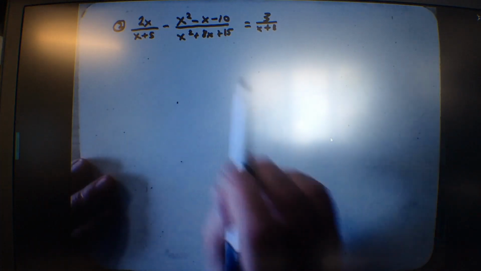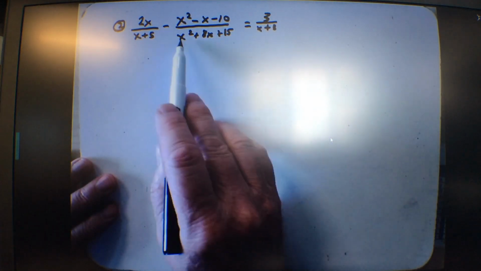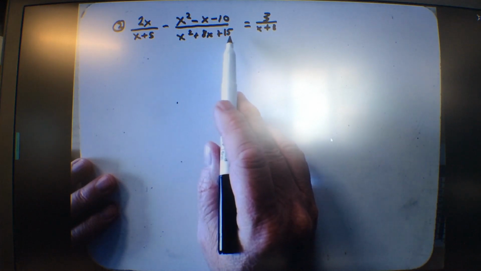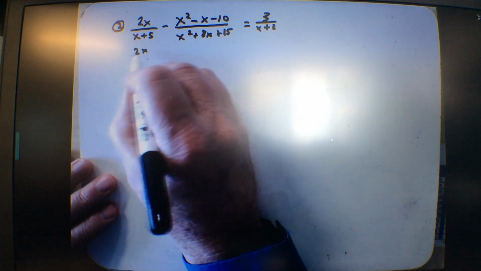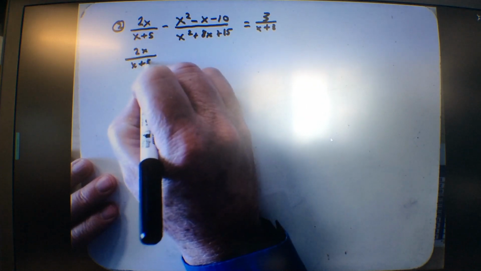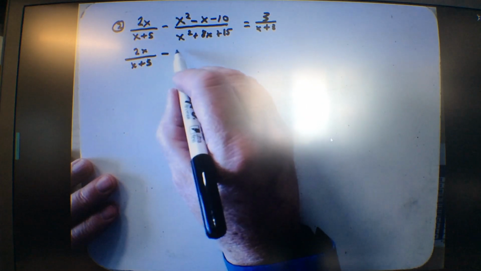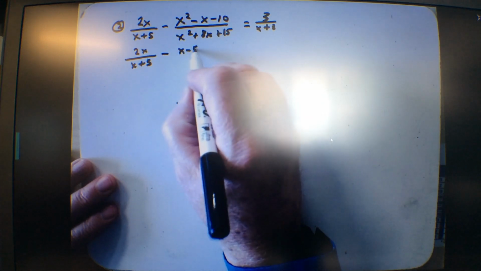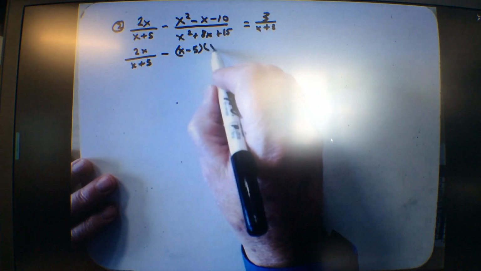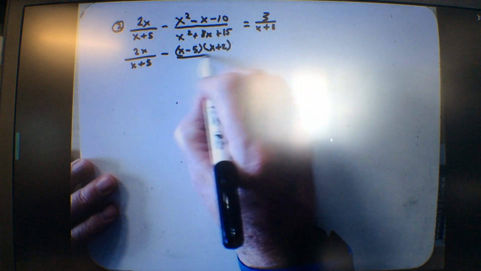Okay, if you look, this one can be factored. The bottom has to be factored before you do anything. Was the top also? You might want to, so let's just look at it, see if anything can cancel, because if they can cancel, that'd be great, wouldn't it? All right, remember this is a subtraction sign, so I think it's x minus 5 times x plus 2, is that correct?